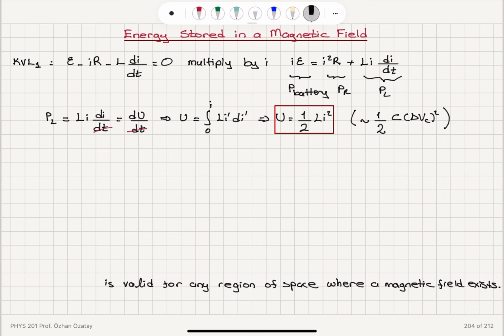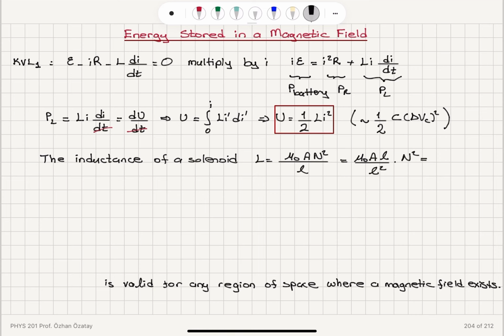Now, the inductance of a solenoid, we can recall, the inductance of a solenoid we have found to be L equals mu 0 A n squared divided by L, which is mu 0 A L divided by L squared multiplied by n squared.